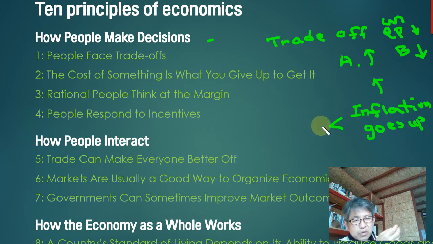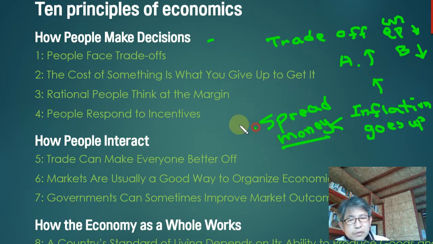The distributor spreads the money all around the nation, and then the citizens receive more money.